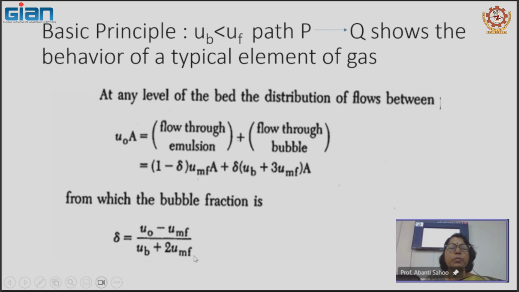So the bubble fraction tells how much portion of the gas is remaining in the bubble.